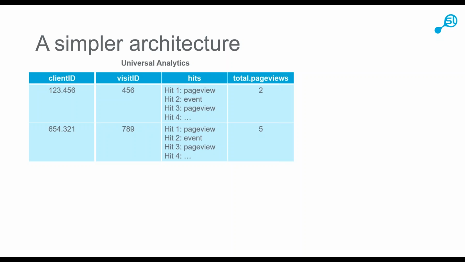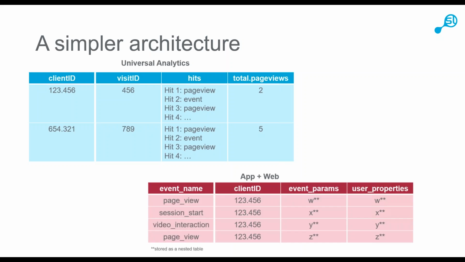It represents that underlying data as one record for every session with nested tables of hits. It's just a slightly more complicated way of storing and accessing it. It's harder for people to understand, so people sometimes make mistakes when they're doing analysis. So that's how it is now. It's a little bit more complicated.